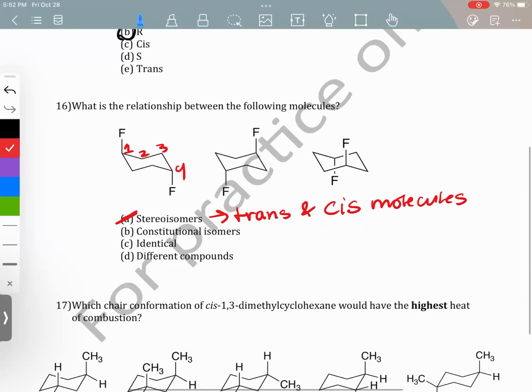On the second one, you number from here, 1, 2, 3, 4. And on the third one, you can go from the back to the front. So 1, 2, 3, 4. They all land on 1, 4. And because of that, they're going to have the exact same name. So they're not constitutional isomers. And because they're the same, they won't be different compounds. They're identical.